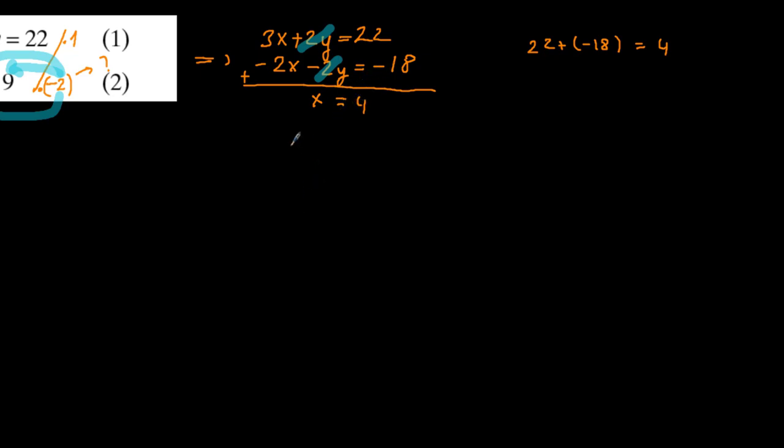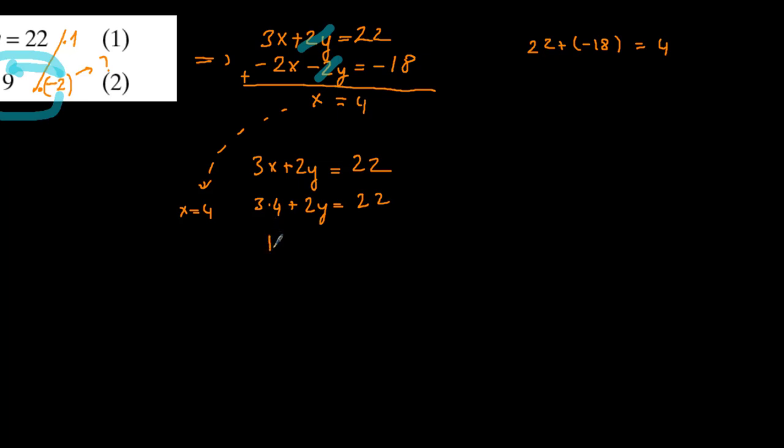Then if x is equal to 4 and 3x plus 2y is equal to 22, 3 times 4 plus 2y is equal to 22, since x is equal to 4 we found here.